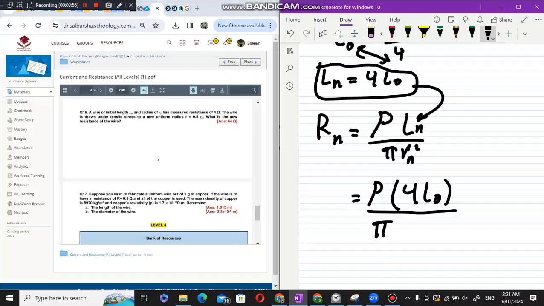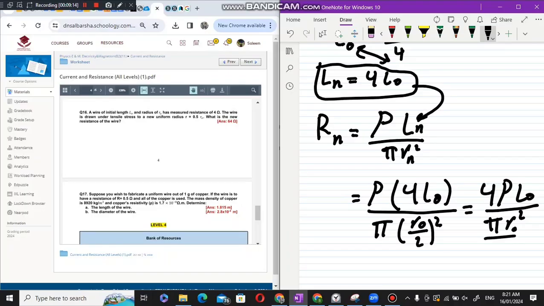Now we remove R new squared and replace it by R old over 2, which is given in the question, and we square it, which will be equal to: 4 resistivity times length old over pi R old squared over 2 squared, with 2 squared being 4.